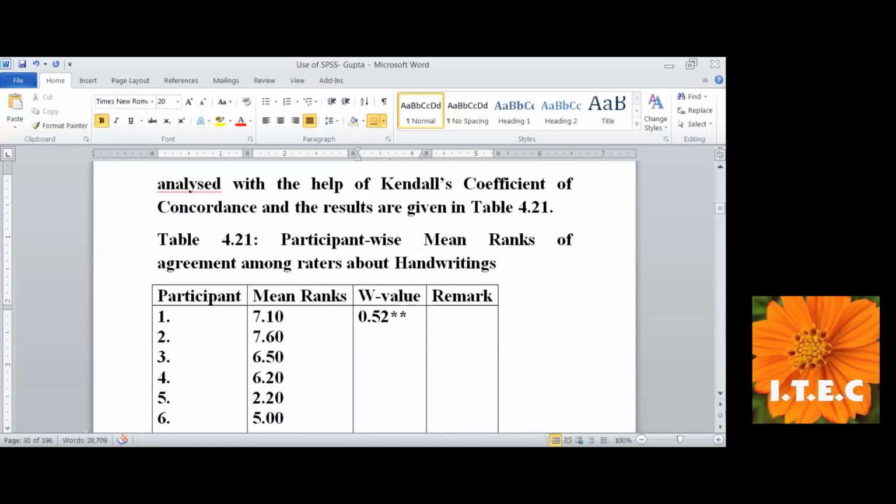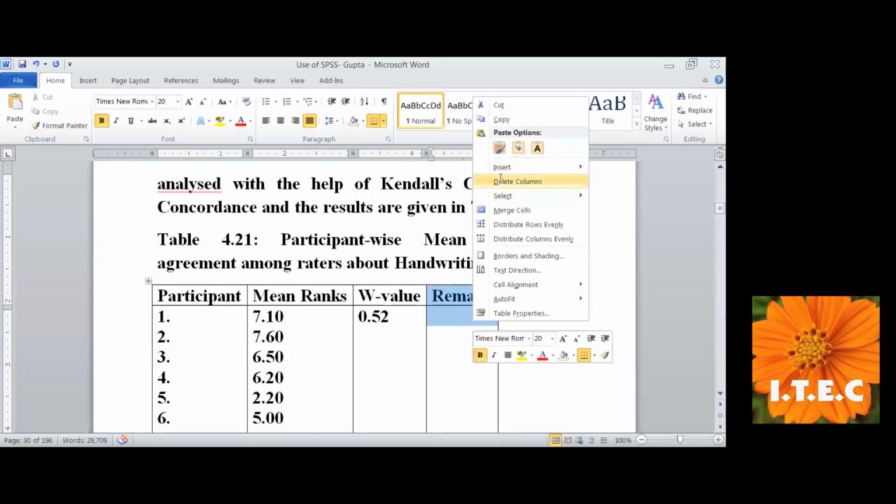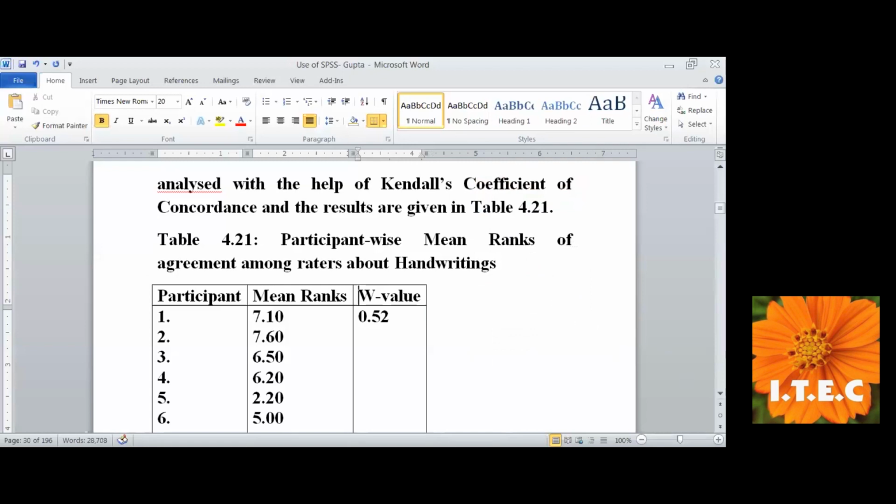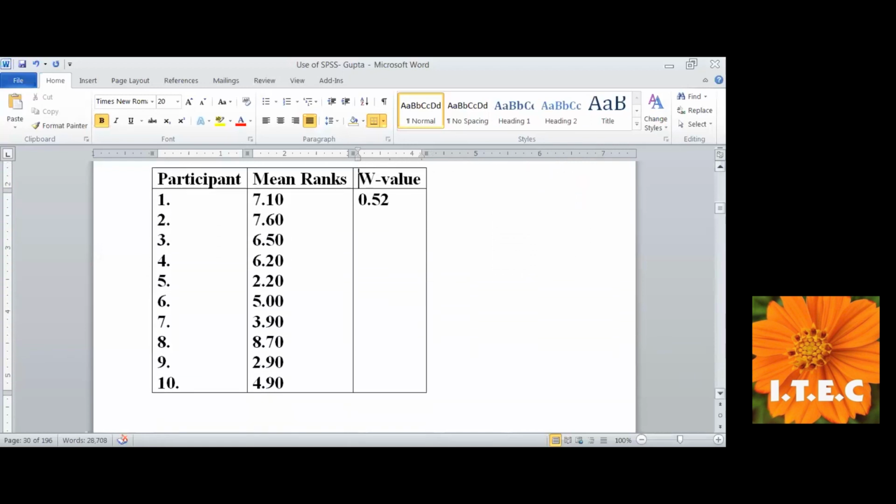Or otherwise, you need not put anything. If you do not want to talk about the significance, then we will not talk about the significance.